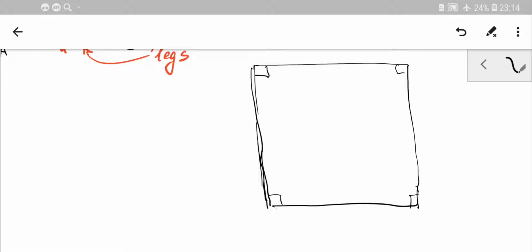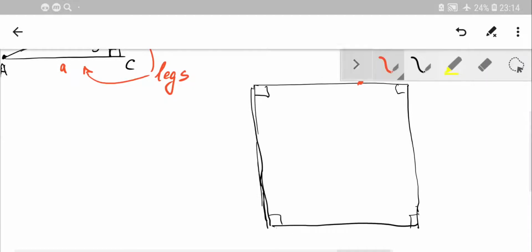So that the sum of all angles is 360. Okay, so let's say we choose random points, for example here, and we know that this point splits the side into two parts, let's say A and B, okay? So let's denote this like that and like this.